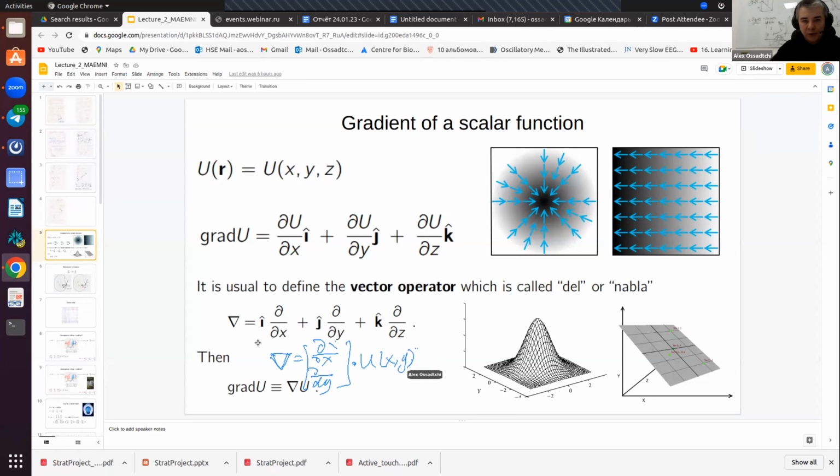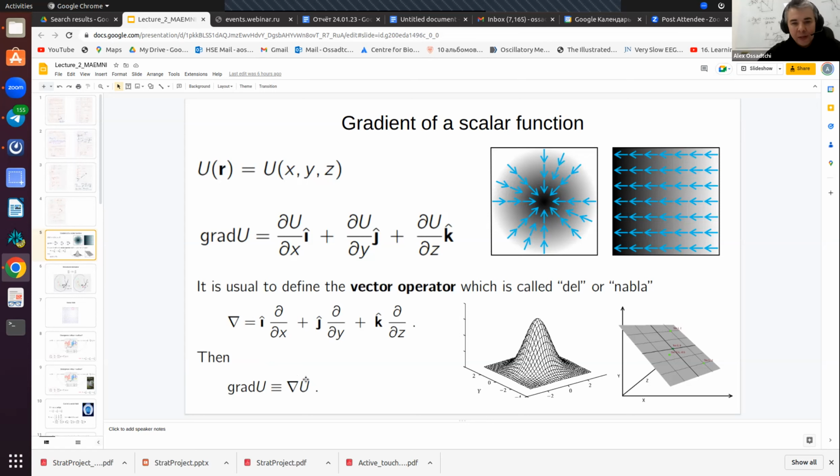of 2 variables only, right? And then basically you get, because it's a vector, this is just a scalar. It means that this scalar applies to each of the elements of this vector, right? So basically d u(x,y)/dx, d u(x,y)/dy, and therefore you can write the gradient of your function as simply nabla times u.